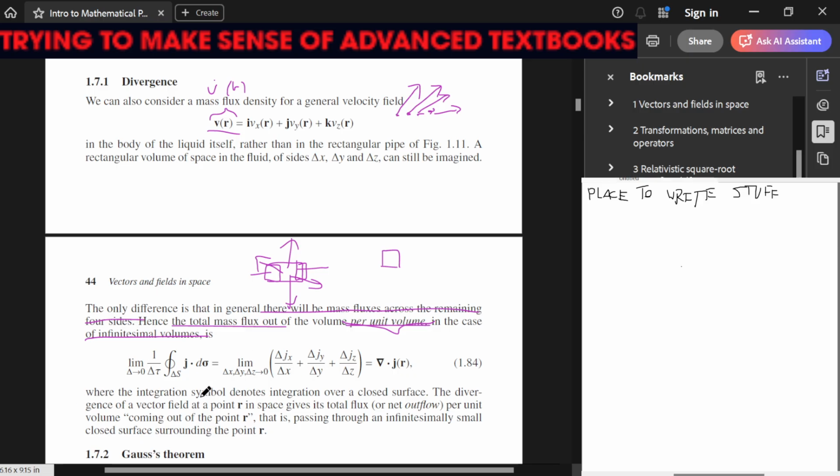where the integration symbol denotes integration over a closed surface.